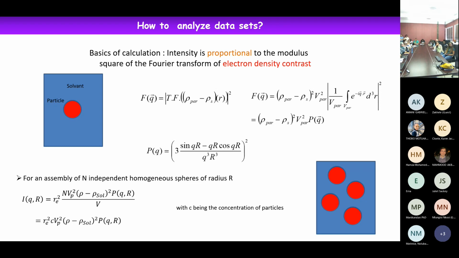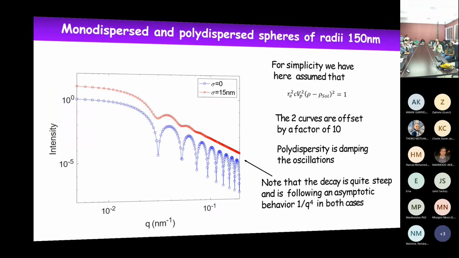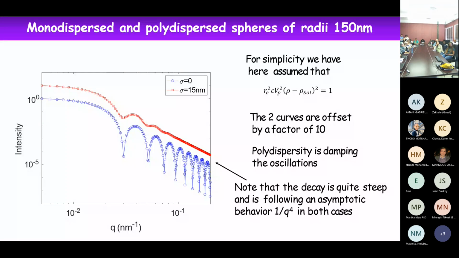So you end up with something proportional to the concentration. Just to show you what's going on here, this is what you can get with a particle which is 150 nanometer in radius. You get this beautiful, nice curve.